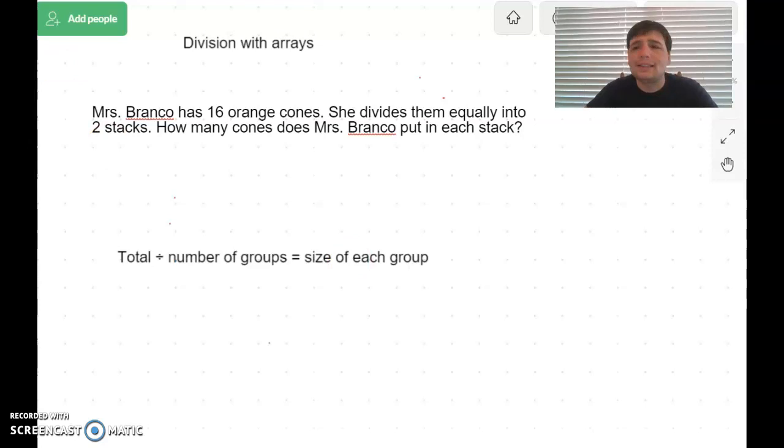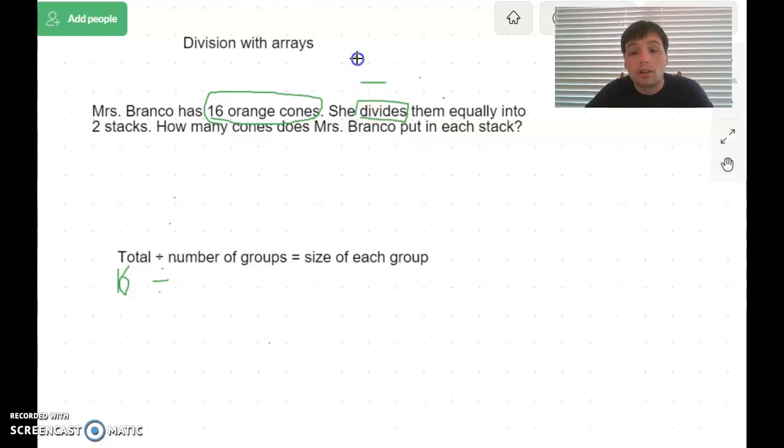Okay, let's see how we did. Mrs. Branco has 16 orange cones. That's her total. 16. She divides them, ooh, that's a math action word. That's my division word.